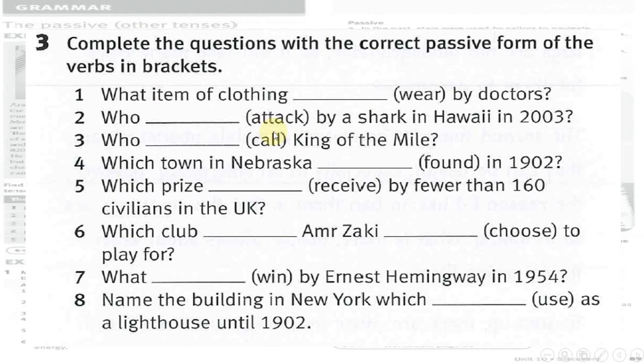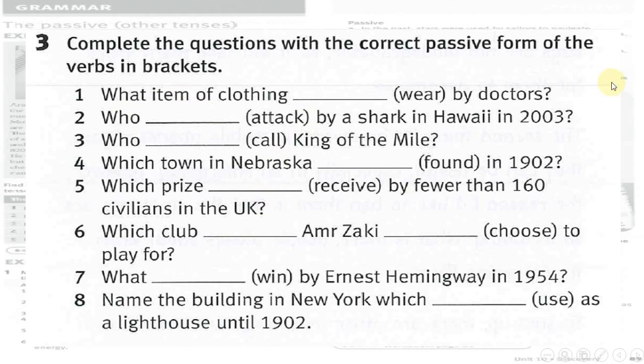Okay. Now here we are going to form questions, but to make it easier for you we are going to use the past tense. So we are going to form passive sentences in the past tense. So these questions are related to all the units we have been discussing in the first semester and the second semester.